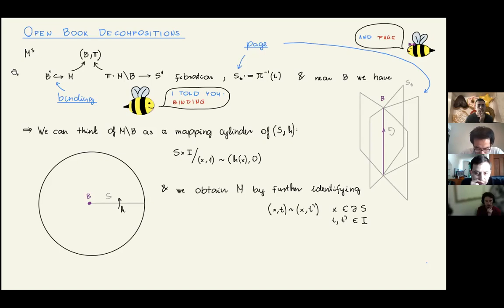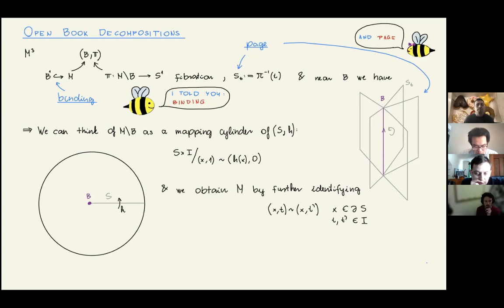So open books are just a pair of a one manifold, and the fibration of the complement of the one manifold, sorry, so that near the binding, the binding is the one manifold, we have the model, which is exactly what I described earlier in the braid foliation picture.